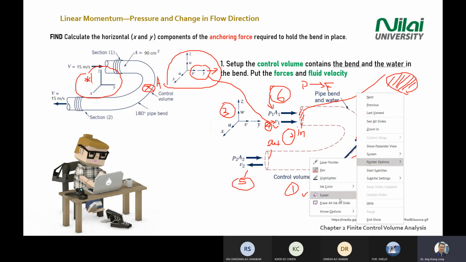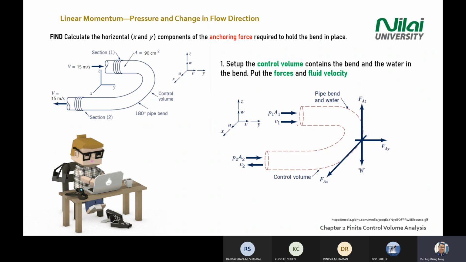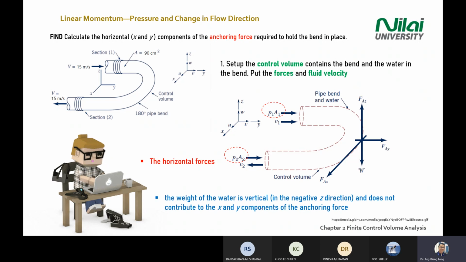Once you have the free body diagram, you have the forces, the control volume, the pressure converted to force, and the velocity in and out, then you are ready to solve using the linear momentum equation. All these are notes you can see.